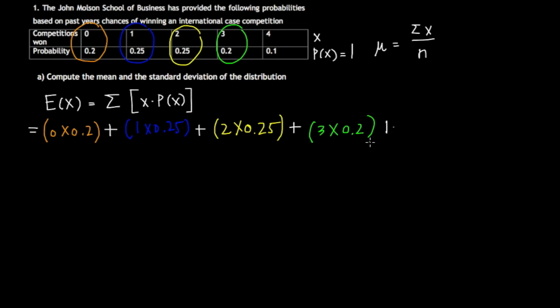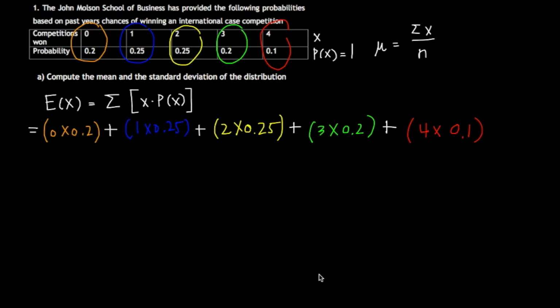Plus, and finally, winning 4 competitions within this given year can occur 10% of the time.